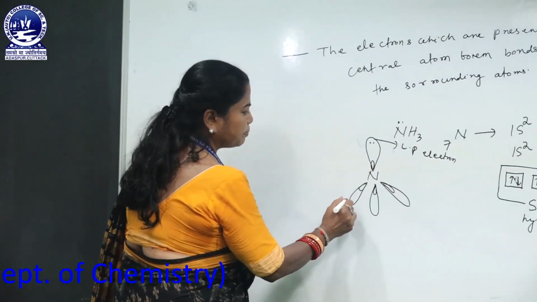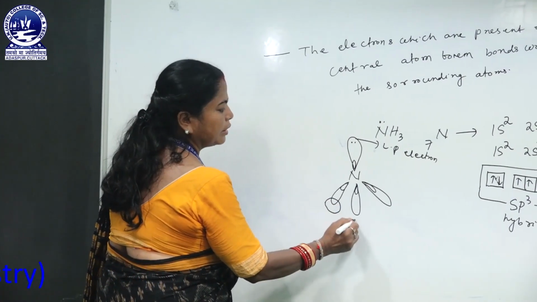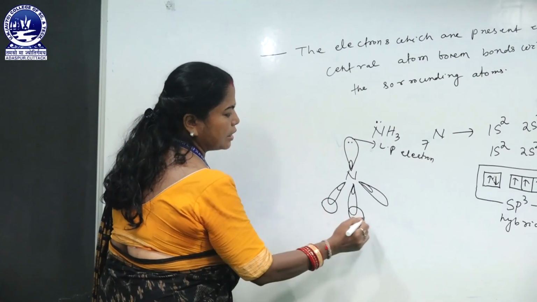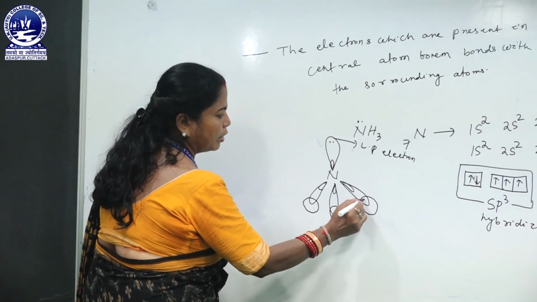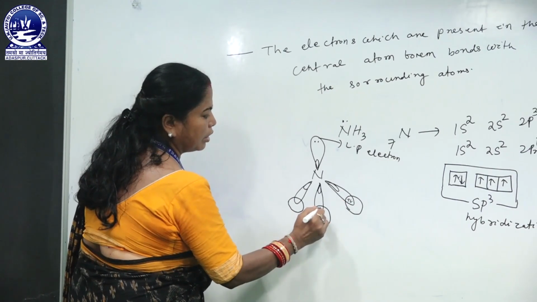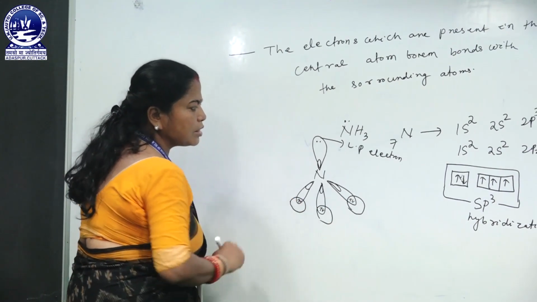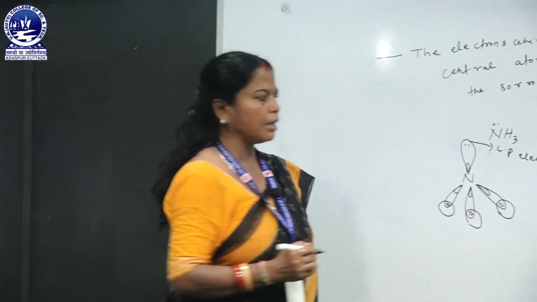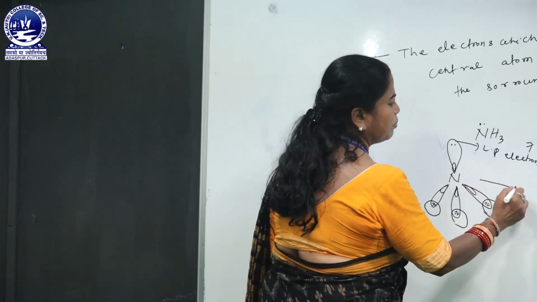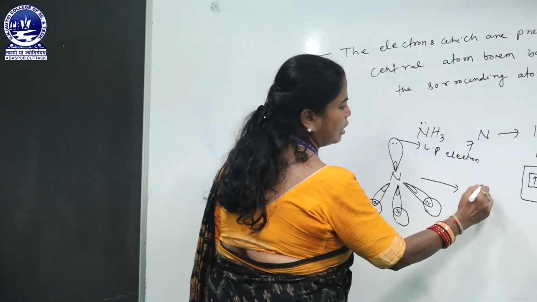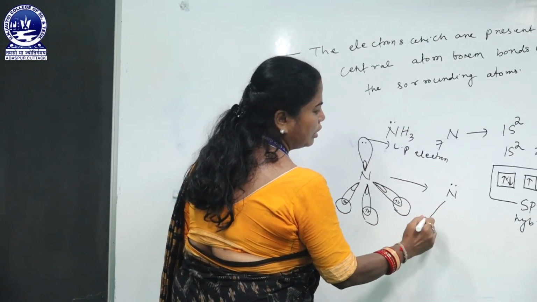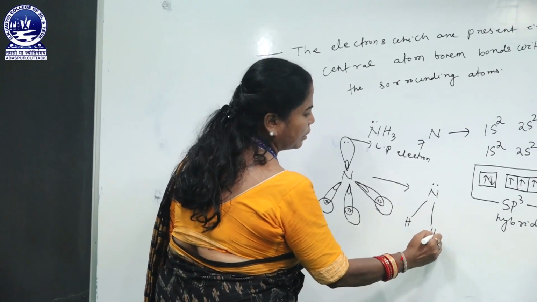Here they overlap with three hydrogen atoms and form covalent or sigma bonds. So this is the clear picture of the ammonia molecule, showing how the bond is formed.